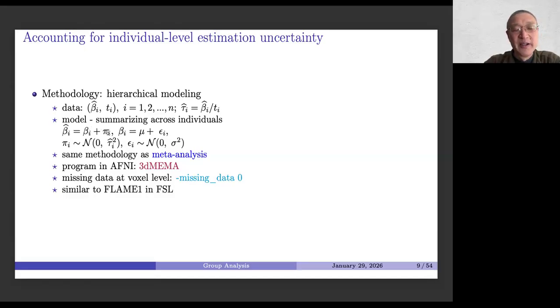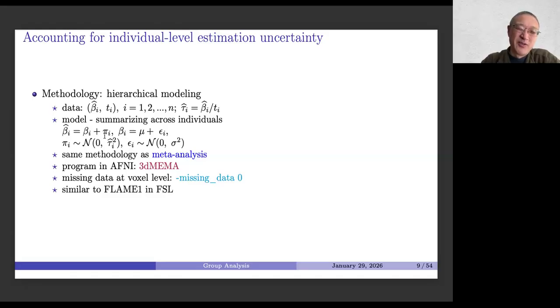Then each participant differs from that true value by an error. Each individual's true value can be decomposed into the group average plus the residual. If we combine the two terms, we end up with three terms: the group average, the cross-participant random effects, plus the residuals. So we can solve this.